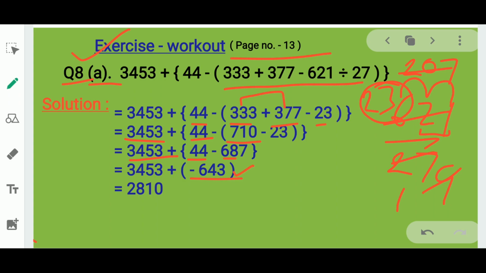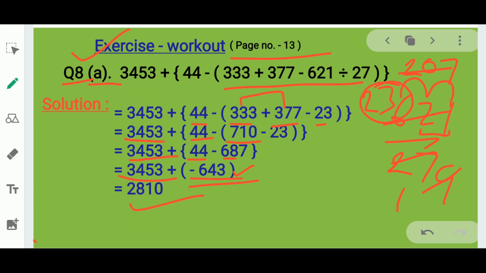Now we have 3453 plus, in small bracket, minus 643. The first one is a positive integer and the second one is a negative integer. Both are different integers, so we have to subtract, we have to take the difference. When we solve 3453 plus minus 643, we get 2810.